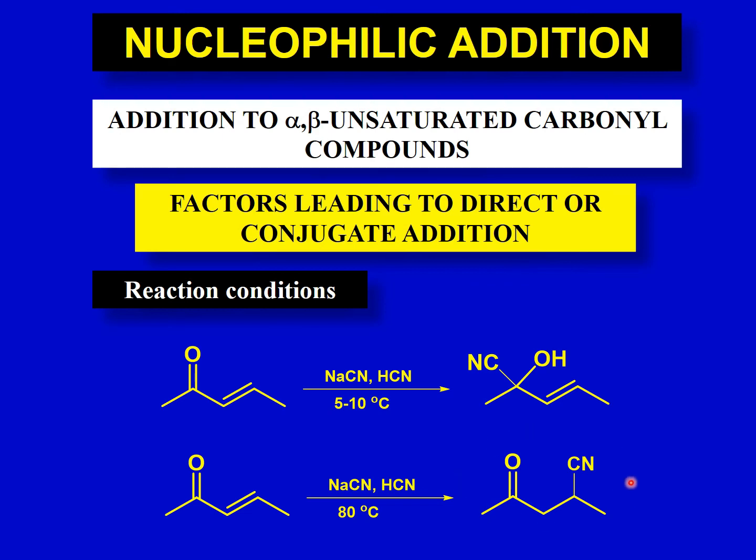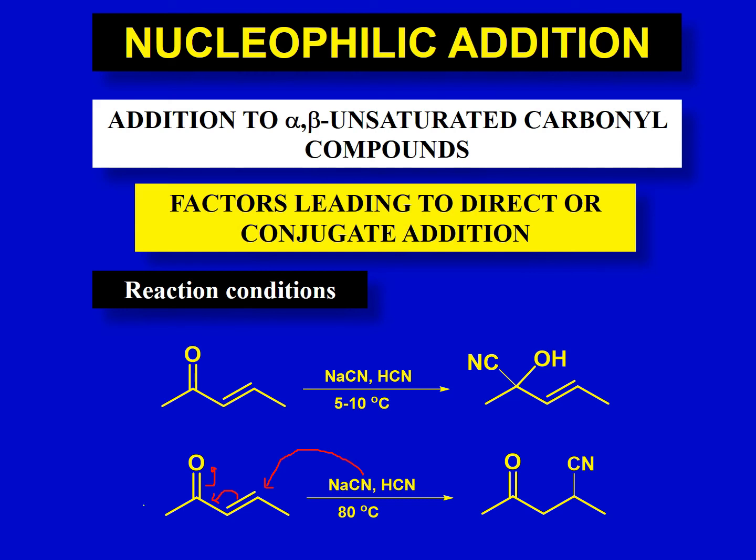But if you look at this product, it looks like a 1,2 addition product again, because the cyanide group and the hydrogen from HCN are both attached at the alpha and beta position. So it seems like a 1,2 addition product. But actually what happens is that this cyanide group attacks the beta position, shifting this pi bond here towards oxygen, forming an oxyanion.